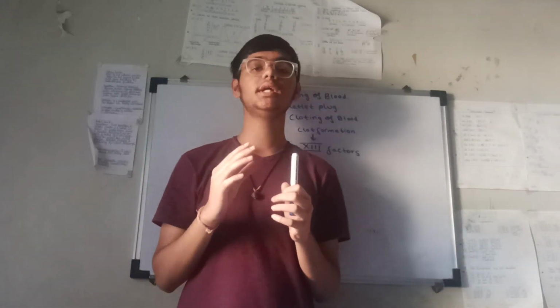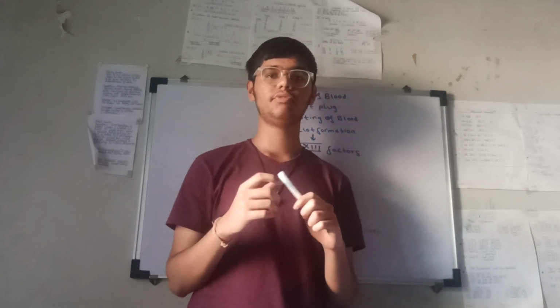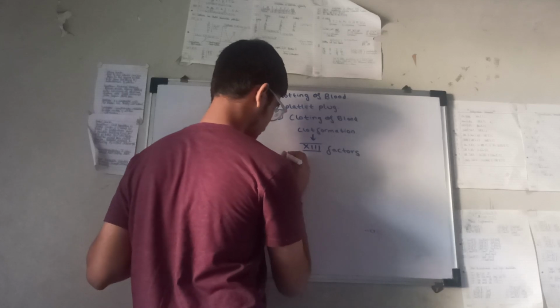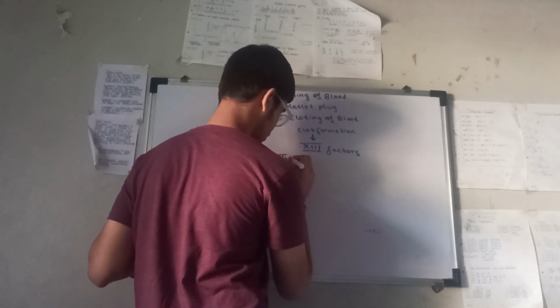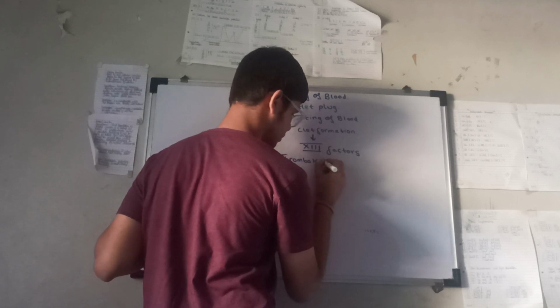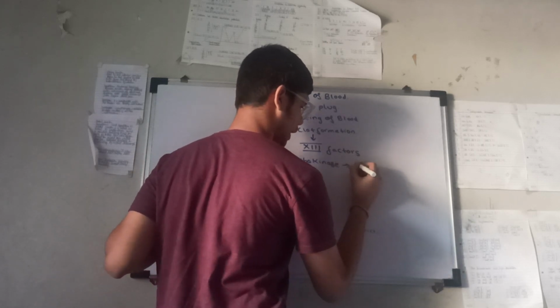I am not taking it in detail, but I am telling you some of the names of the factors, like thrombokinase is factor 10.